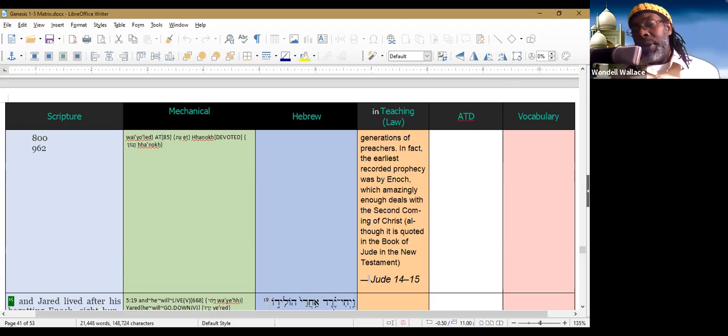Because at one point in time, the book of Chanok, or the book of Enoch, was well in circulation and many of the students of Hebrew were made aware of what was in that book, and it was taught publicly and openly.